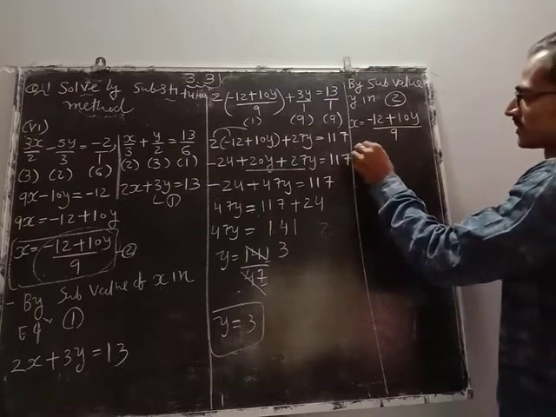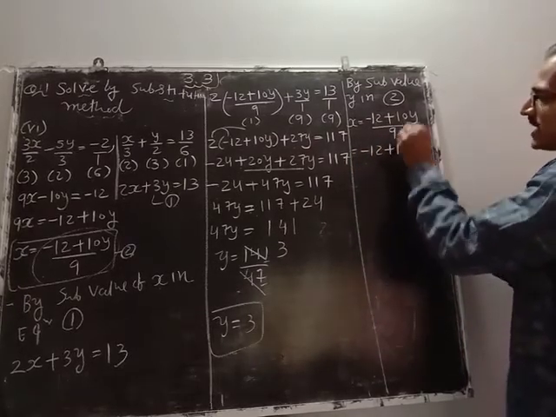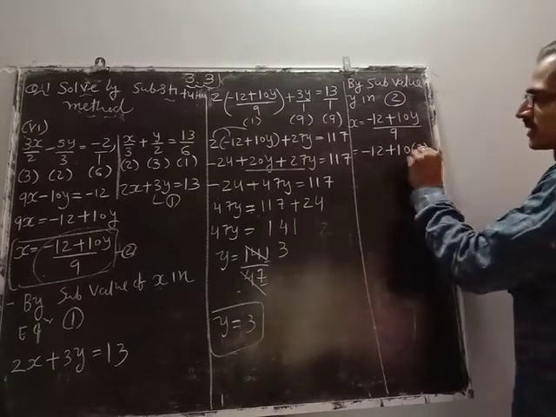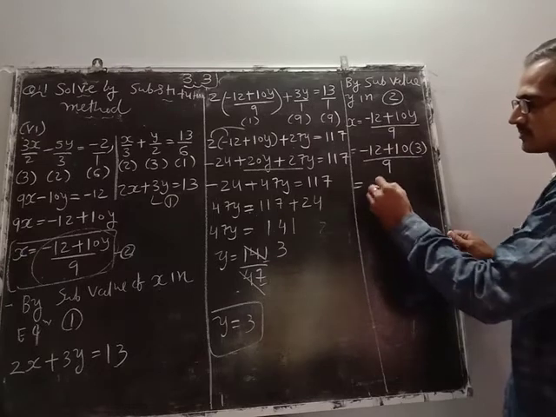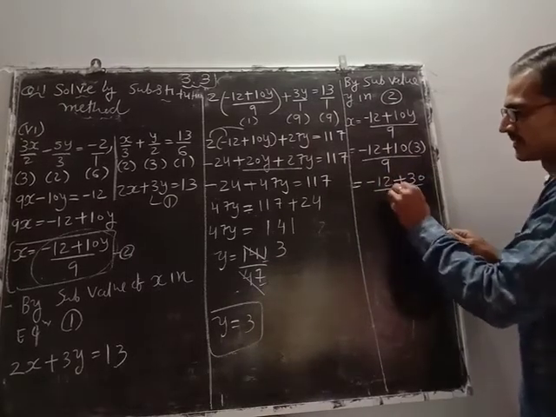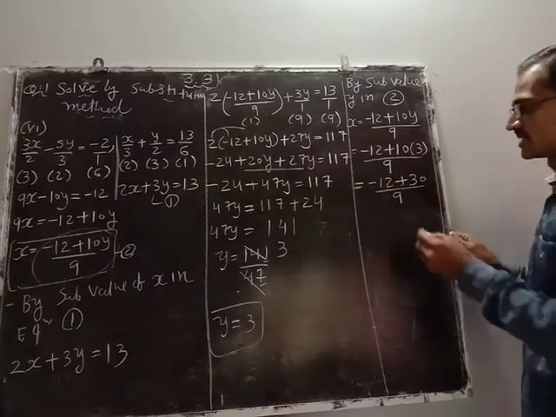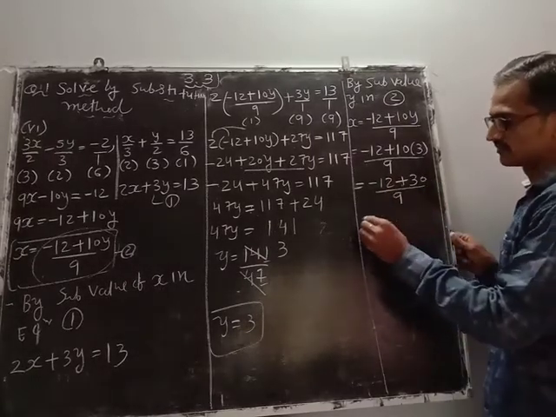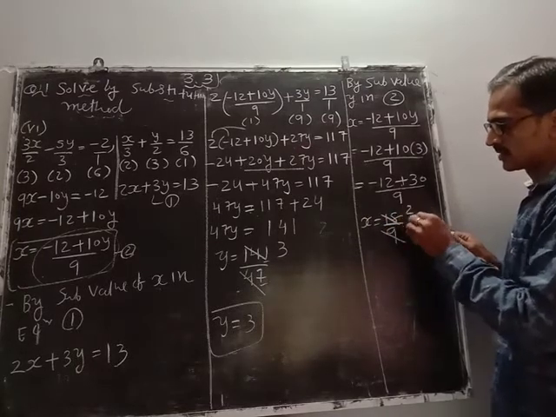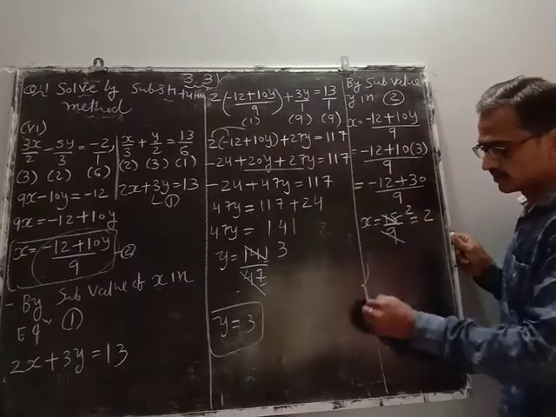Substitute minus 12 plus 10, instead of y 3, by 9. It will be minus 12 plus 10 3s are 30 divided by 9. Minus plus minus, 30 minus 12, 18 divided by 9. Answer 2.